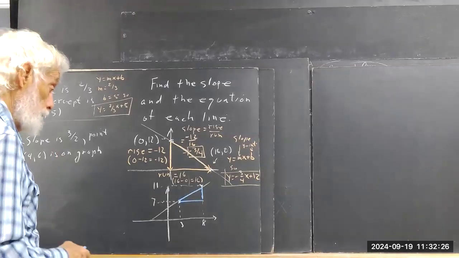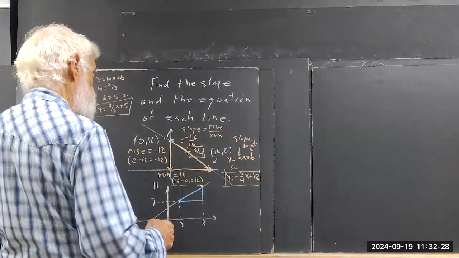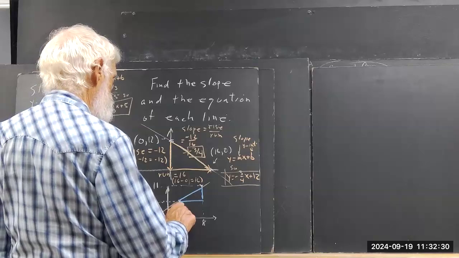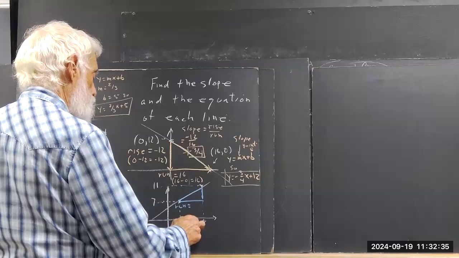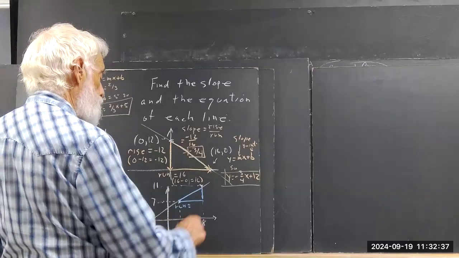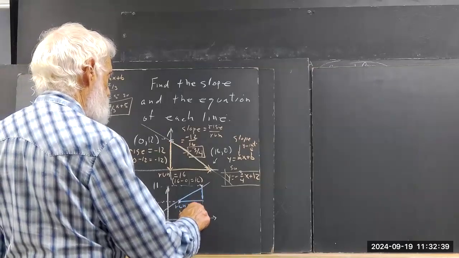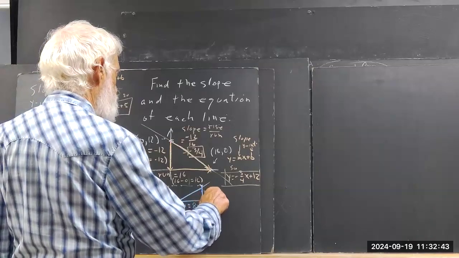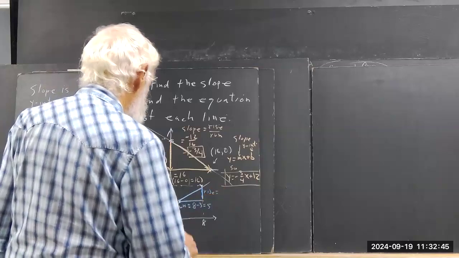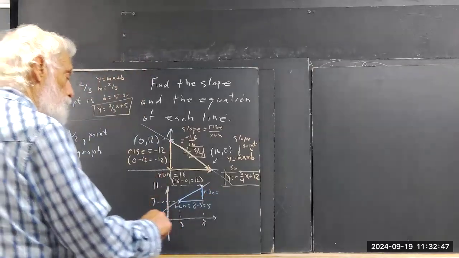You're going to get the slope right. Okay, so you've gone from x equals 3 to x equals 8. So the run is 8 minus 3 equals 5. The rise goes from y equals 7 to y equals 11.